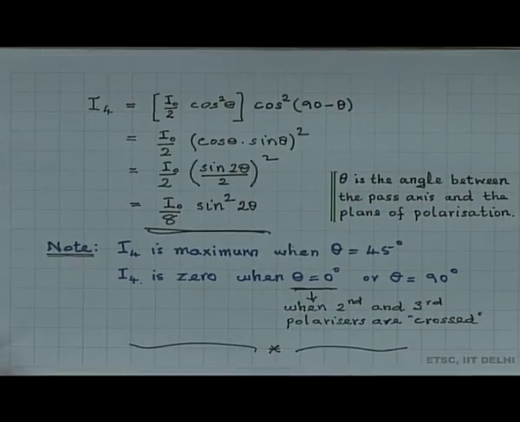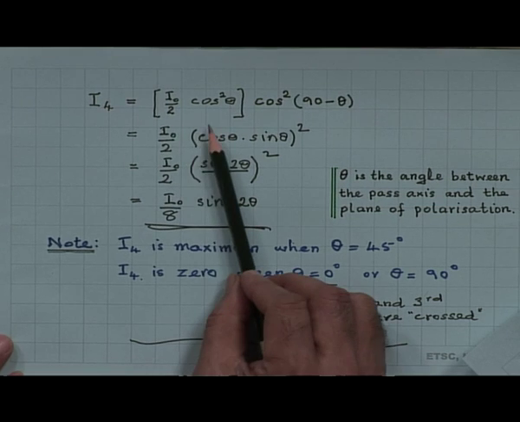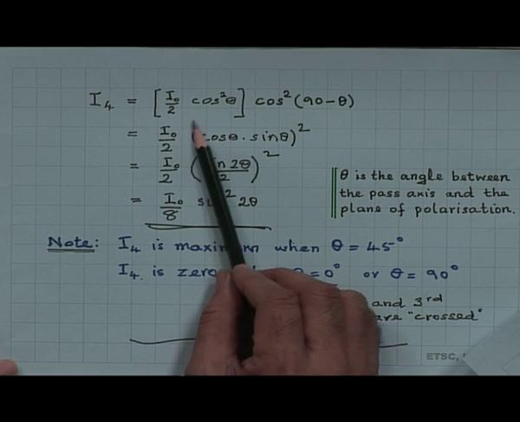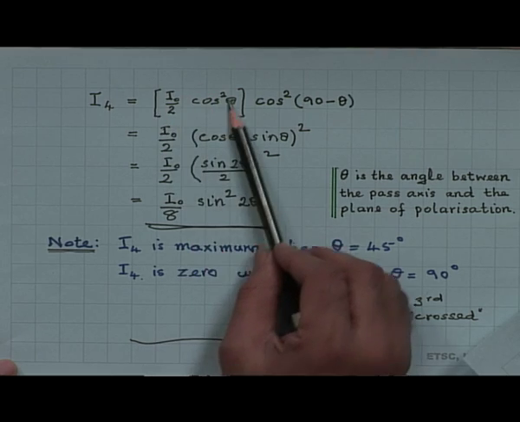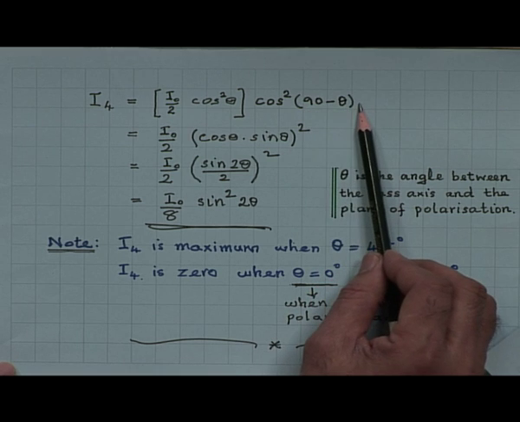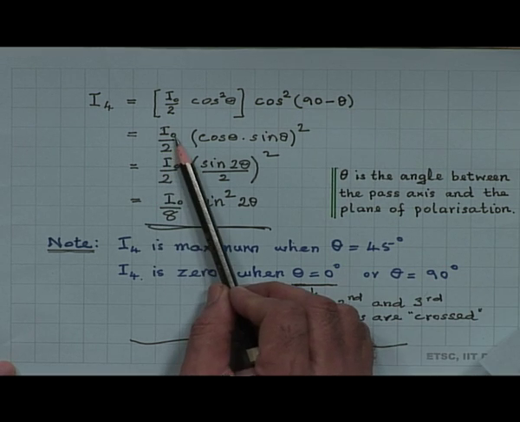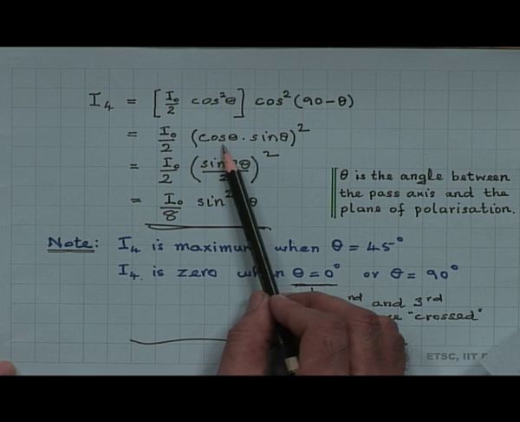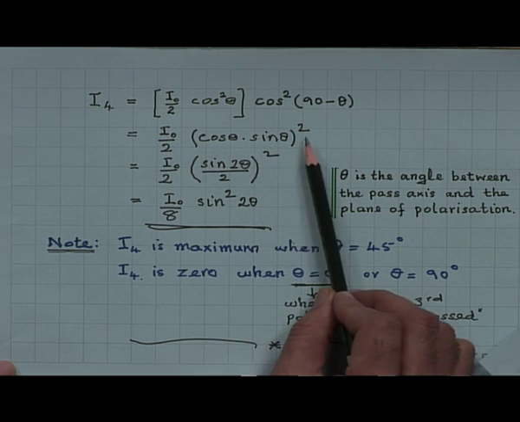So, that is what I have written here, that I 4, the intensity, will be equal to I 0 by 2 cos square theta, this is I 3, into cos square 90 minus theta, and that is I 0 by 2 into cos theta into sin theta whole square.